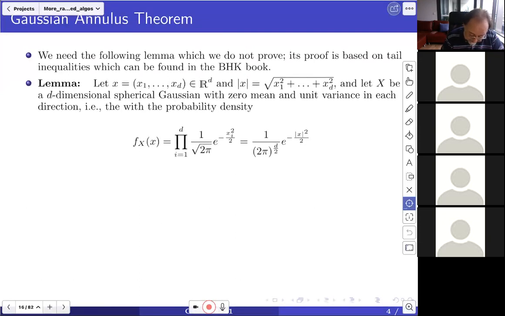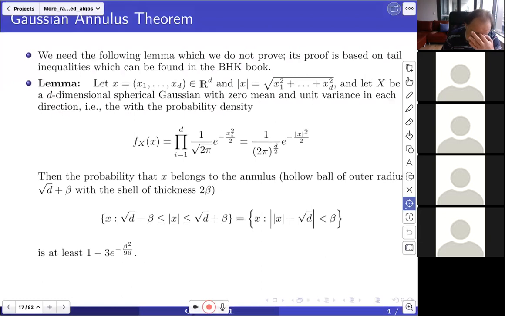This lemma simply formalizes what we just saw, making it a tiny bit more precise. Namely, it gives an explicit bound for probability. So the setup is just what we saw. We are drawing in d-dimensional space a random vector.